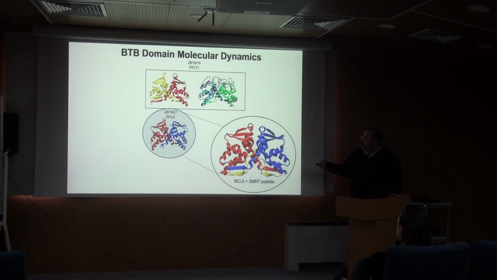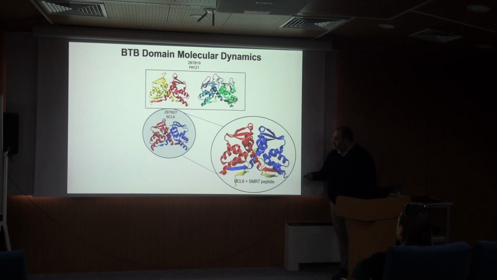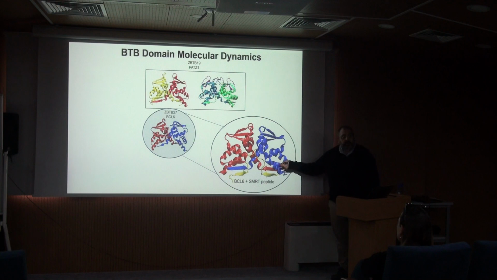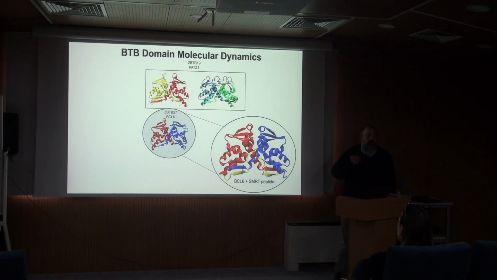In fact, there's a crystal structure of BCL6 bound to its corepressor. The yellow peptides are coming from the corepressor, and they have this dimer-on-dimer kind of interaction with the corepressor. A lot of B-cell lymphoma drugs are targeting this interaction, trying to separate the corepressor from the BCL6 BTB domain to kill B lymphoma cells which are addicted to this antigen.